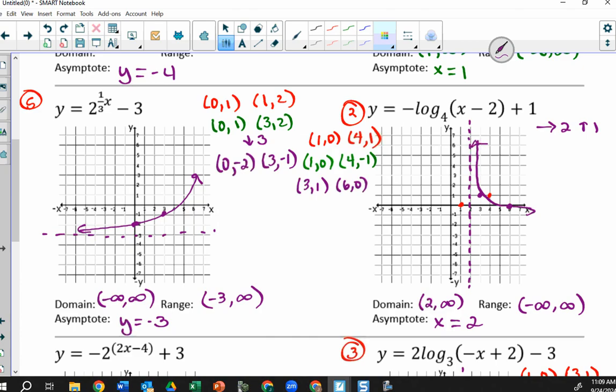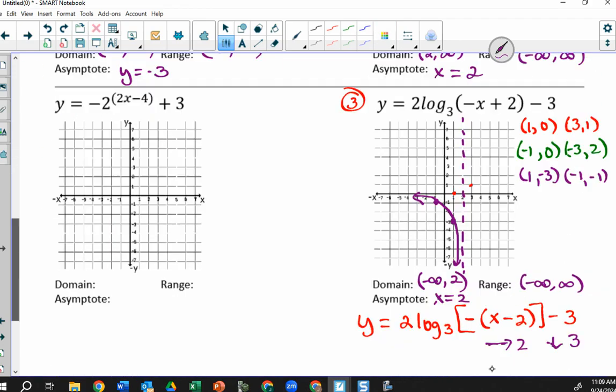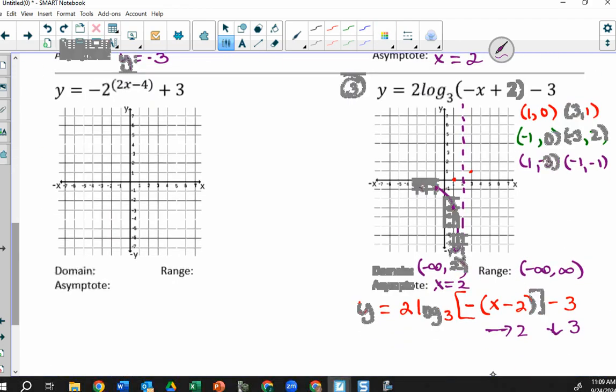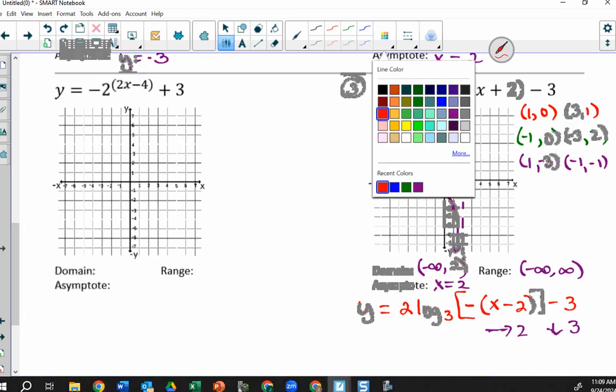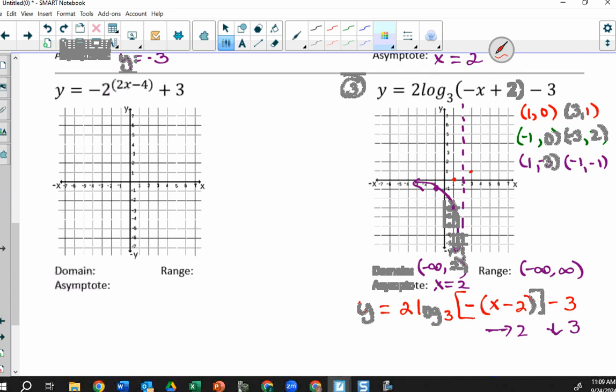The last one, what do you notice that might be kind of special? Like, when we take the 2 out of... Yes. Guys, remember on this one how I had to factor the negative out of this one because it was inside with the x? What do you think I need to factor out on the one over there? The 2.